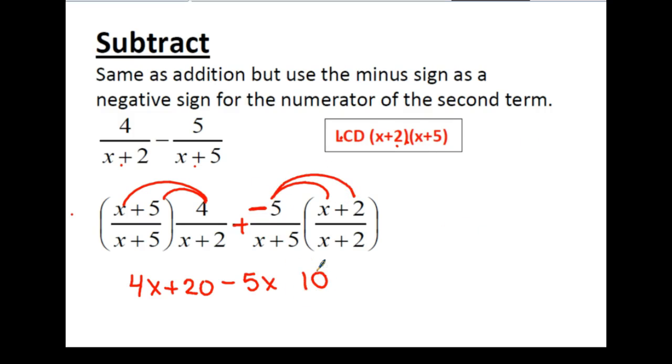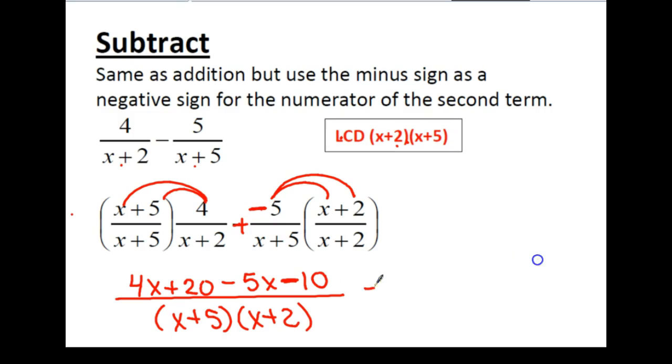What kind of 10? Positive or negative 10? If you don't change subtraction to adding a negative, you will probably miss that sign right there. And this is all over the same common denominator.